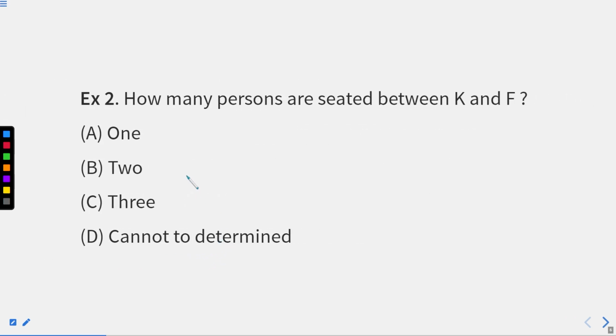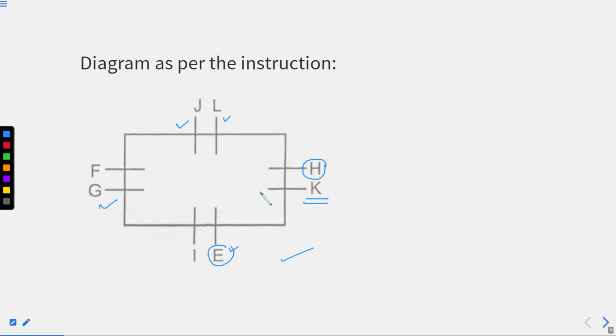Now, how many persons are seated between K and F? Now check again. Between K, that is here, and F, how many persons are there in between K and F? 3. If we check from this direction, we have 3 persons, right?